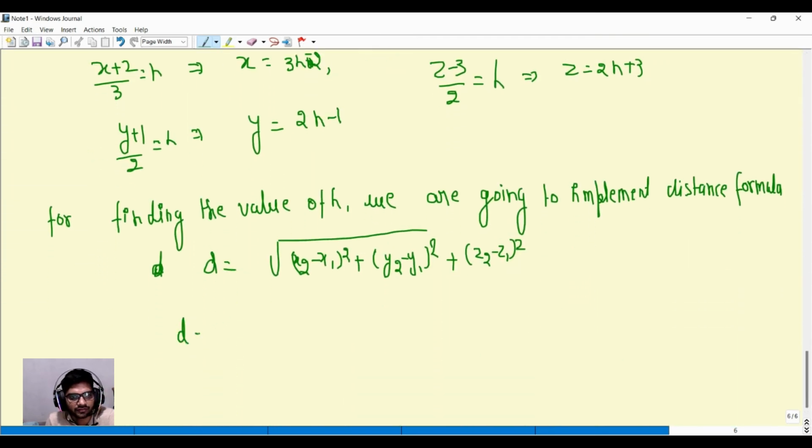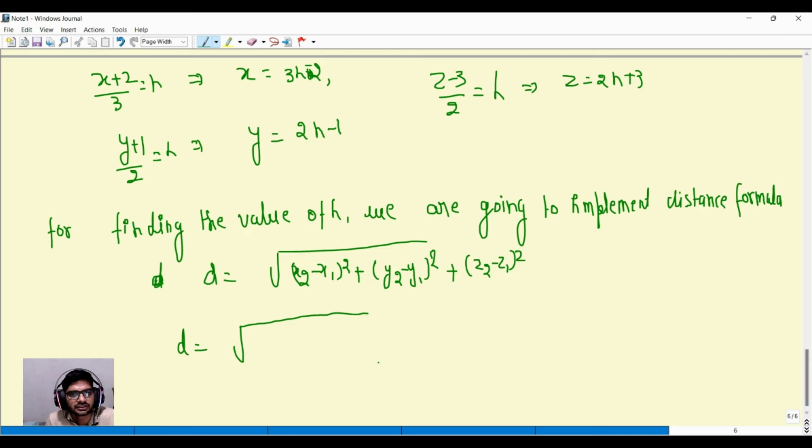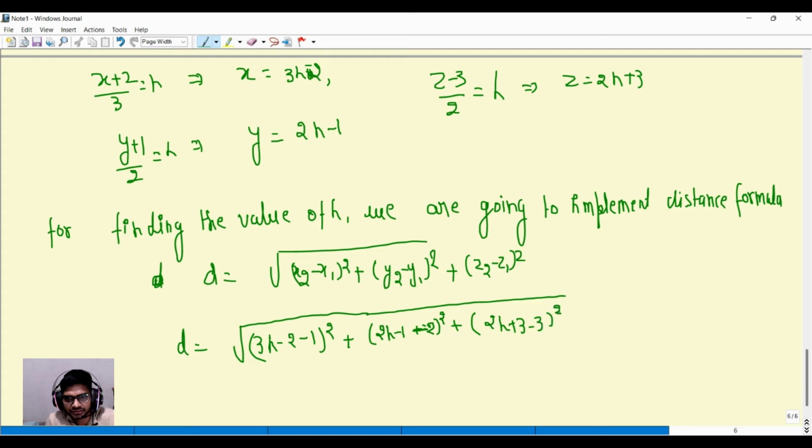Putting in the values: x2 is 3 lambda - 2, so (3 lambda - 2 - 1) whole square, plus y2 is 2 lambda - 1, so (2 lambda - 1 - 2) whole square, plus z2 is 2 lambda + 3, so (2 lambda + 3 - 3) whole square, and the distance is given as 3 root 2.